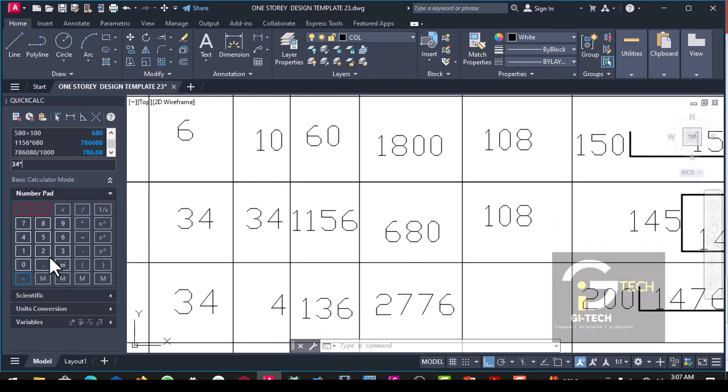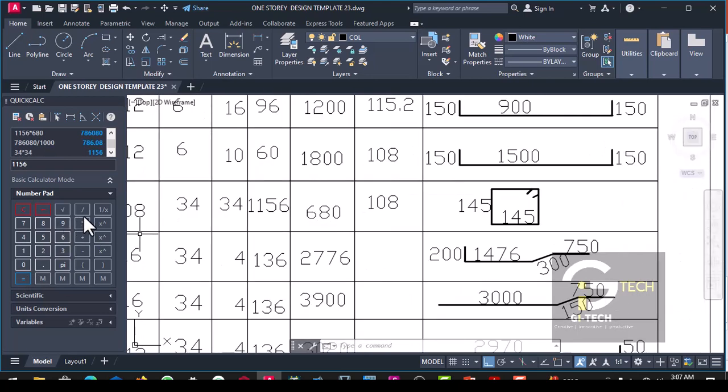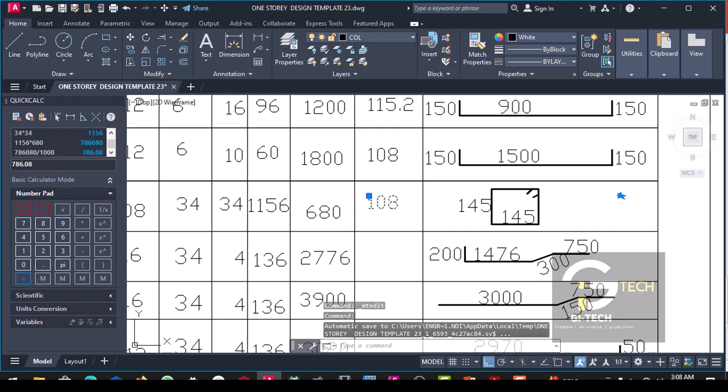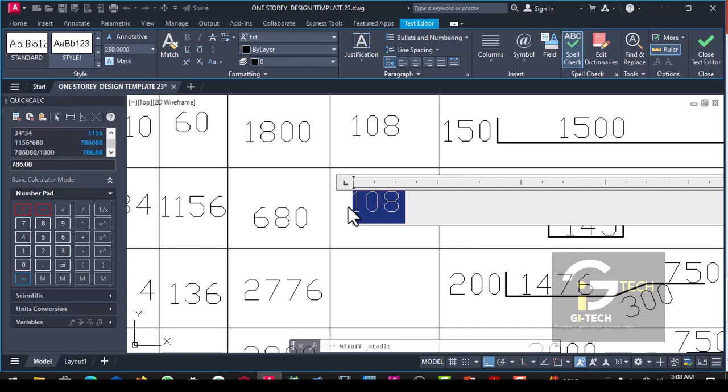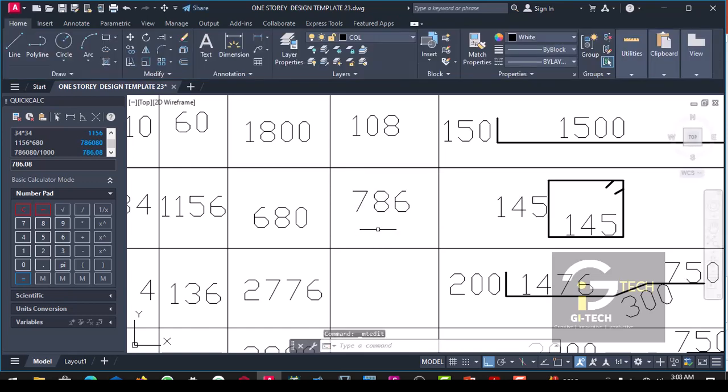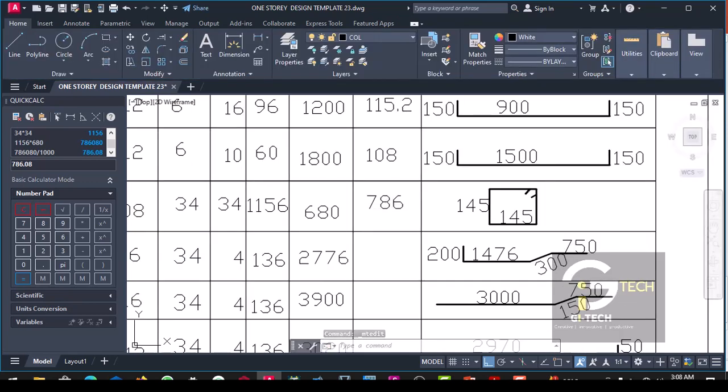This will give us 786. Now for you to know the actual length of this Y8, you simply divide this by 12.